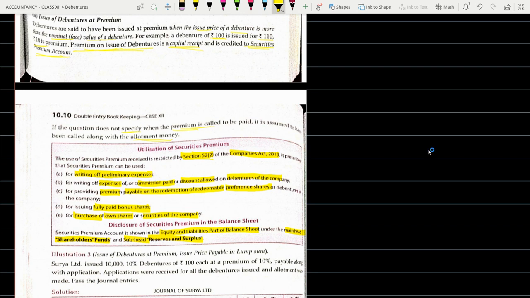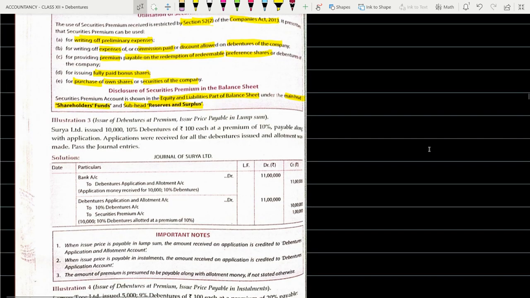If you don't have any doubt, then we'll move on to the third concept, that is the third question. Once you confirm, I'll move on to the third question. No doubt, sir. Okay.